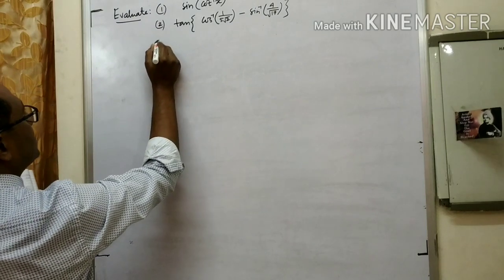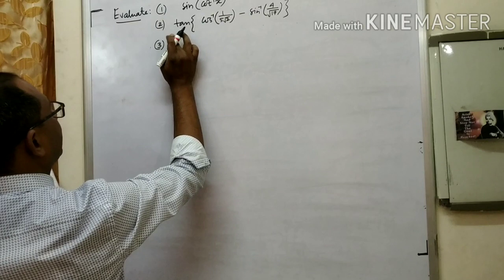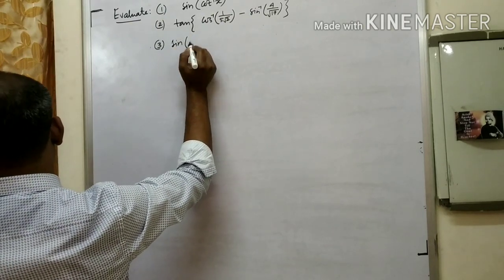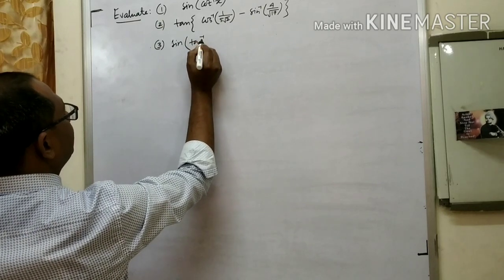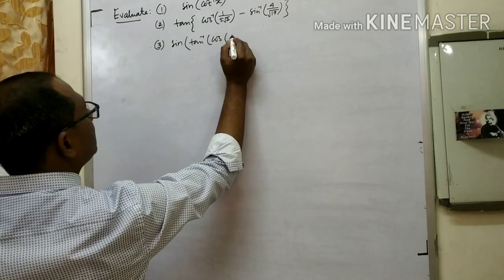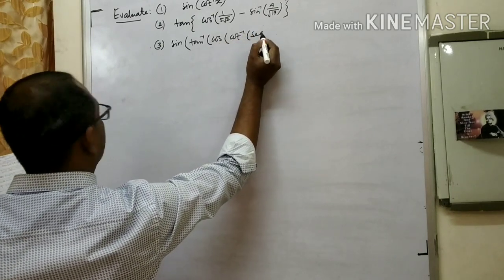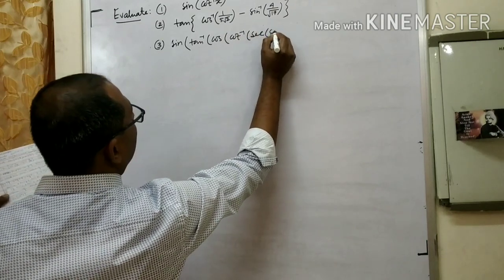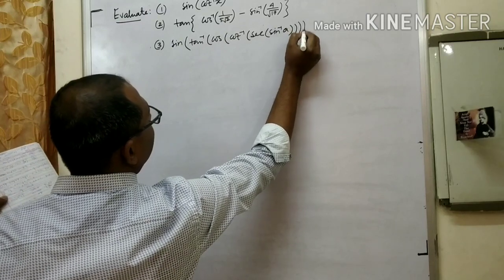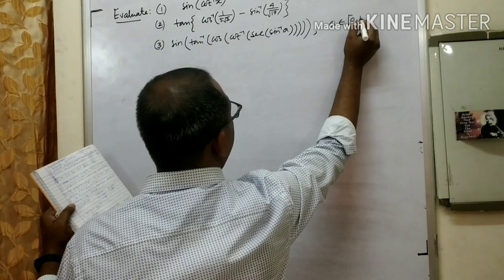Let me take one more question. Tan of sine of tan inverse of cos of cot inverse of sec of sine inverse of a, where a is belonging to 0 to 1.